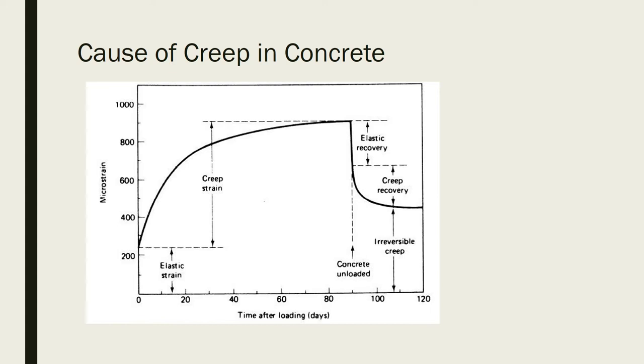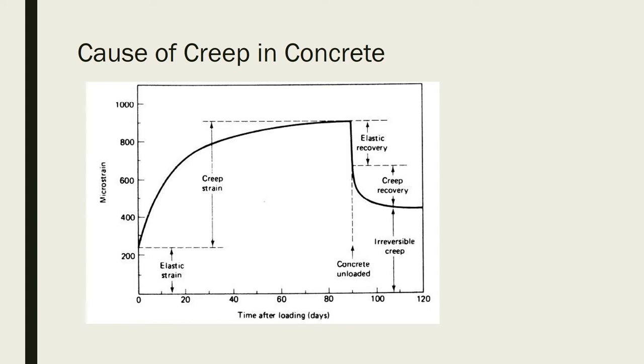Initially, just at the moment of giving the load, you will see the elastic strain. The elastic strain is not an issue for us, as within the elastic region, when a body is strained, it will regain its original shape when the load is removed. Now you will see that the strain goes on increasing without increasing the load, and at a certain point of time it becomes asymptotic.